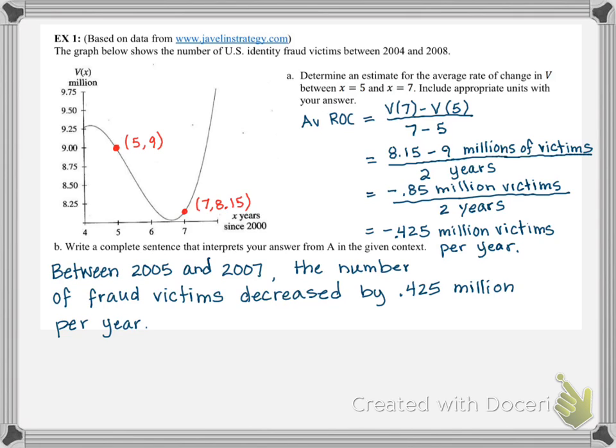Oh, I made a mistake. I forgot a word. By an average of 0.425 million per year.